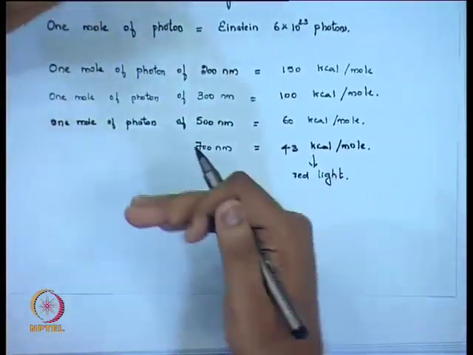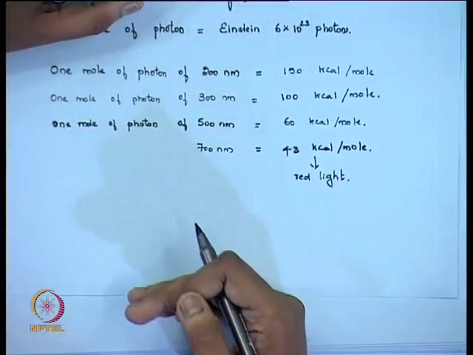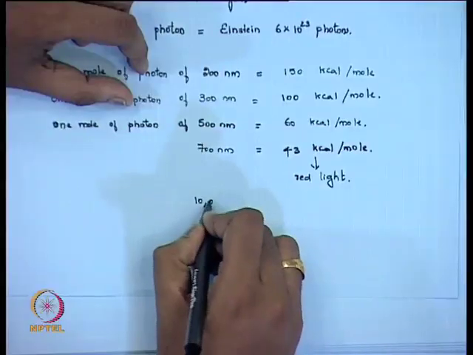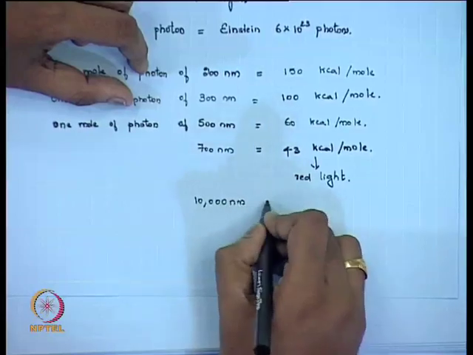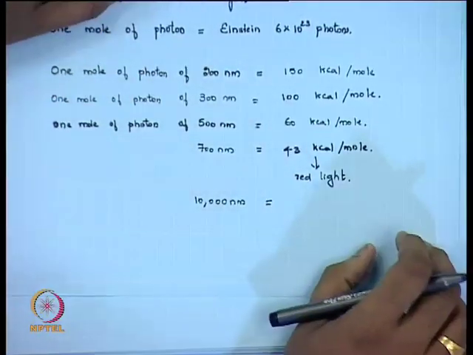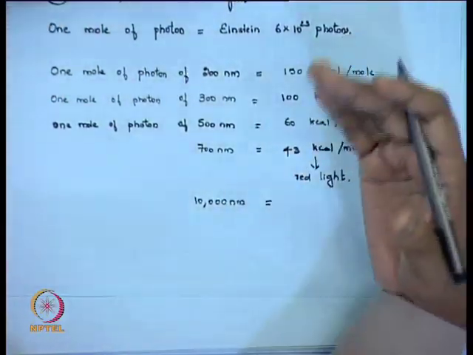That is good. If you want to move still further and see how it looks, for example, if I take 10,000 nanometer, what will happen? You don't get the possible electronic transitions which you are talking about. So, what are you going to expect in this region? You are going to expect just vibrational and rotational excitations.